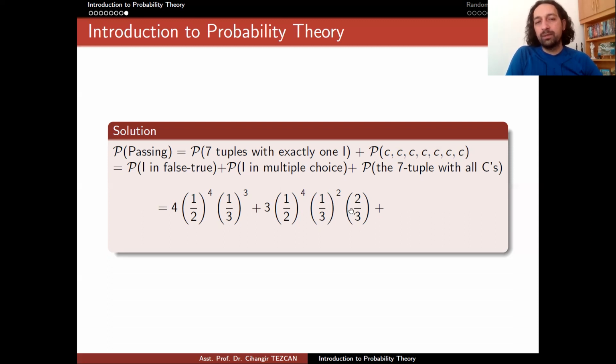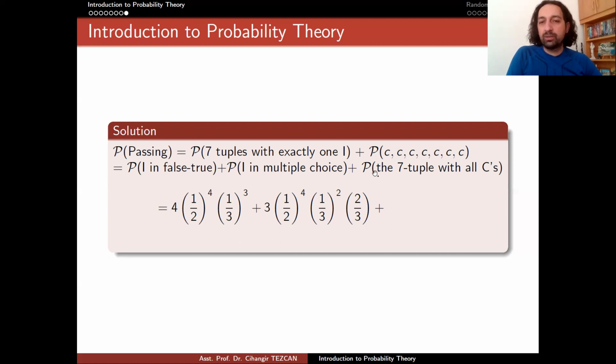And we multiply with the probability of you incorrectly choosing a multiple choice answer, which is 2/3, because 2 answers are incorrect and one of them is correct. And the probability of correctly guessing all of the 4 true and false questions is 1/2 to the power 4. So we covered this too.